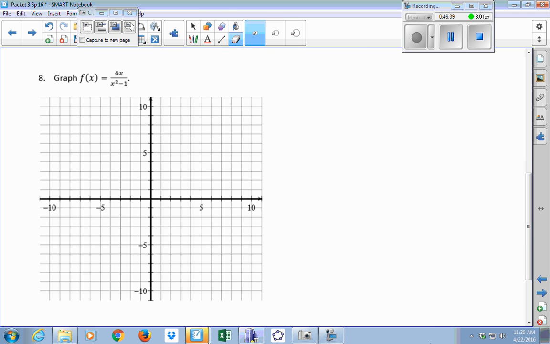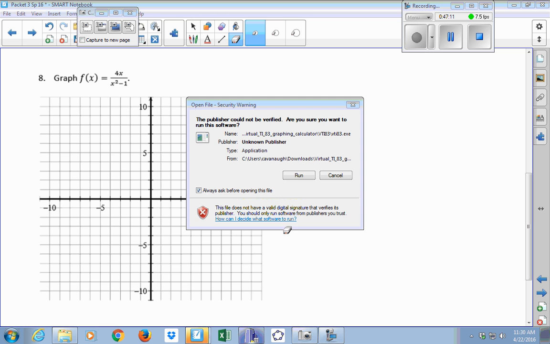What's the horizontal asymptote? No, it's not 4, because the degree in your numerator isn't the same as the degree in your denominator. If x is a really huge number, what's this approaching? 0. All you have to do, folks, is take out any calculator. You don't even need a graphing calculator.